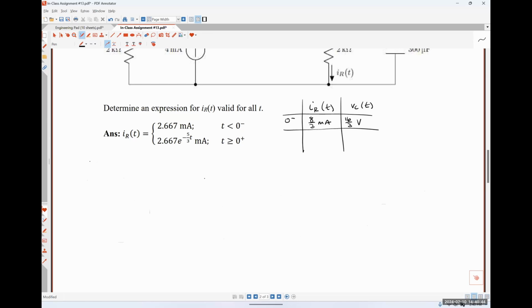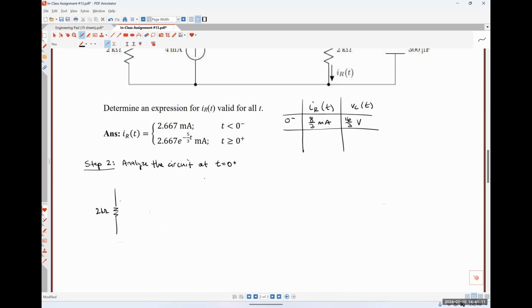All right, so step 2 is going to be to analyze the circuit at t equals 0 plus. This is the moment after the switch changed states.